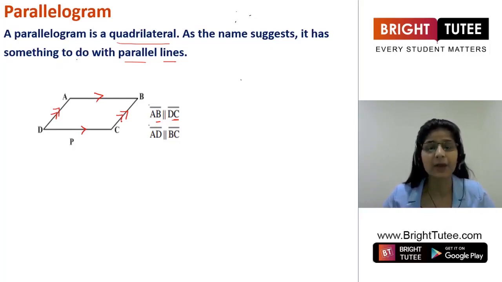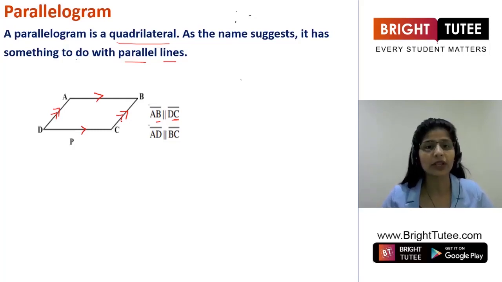Right? The sides opposite to each other are parallel. Just to see, AB is opposite to DC and vice versa, and they're parallel to each other. Similarly, AD is parallel to BC. They're opposite to each other. So what is a parallelogram? A parallelogram is a quadrilateral having opposite sides as parallel.